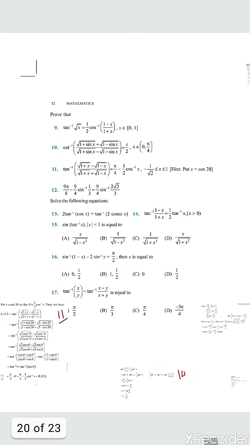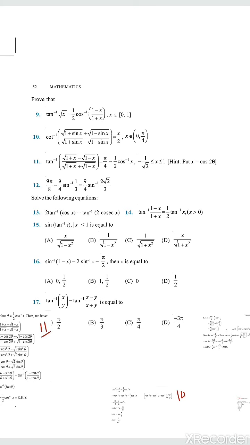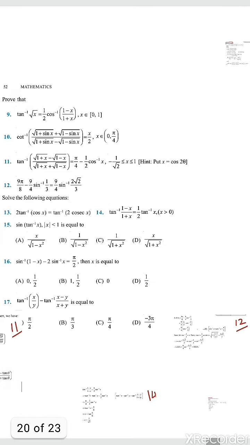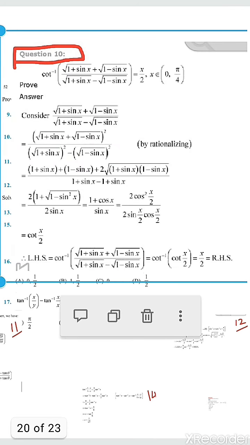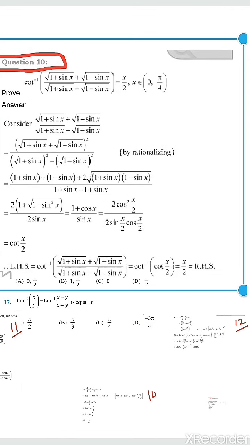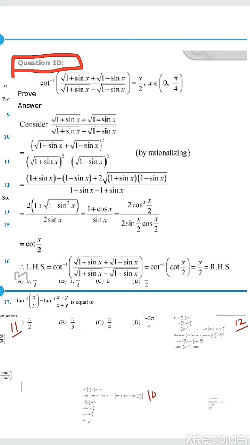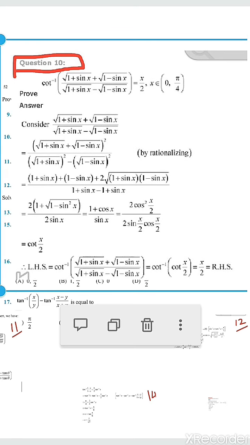Question number 10 is cot inverse of (square root of 1 plus sine x plus square root of 1 minus sine x) divided by (square root of 1 plus sine x minus square root of 1 minus sine x), right? This question seems to be tough because so many terms are inside and outside there is cot inverse. So what function will you take? How will you solve this?